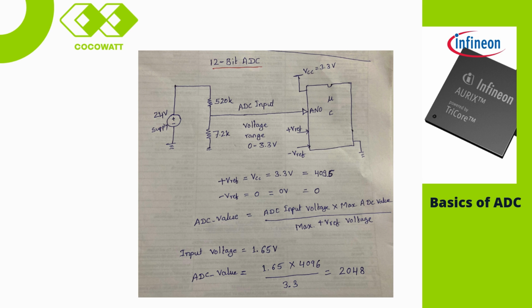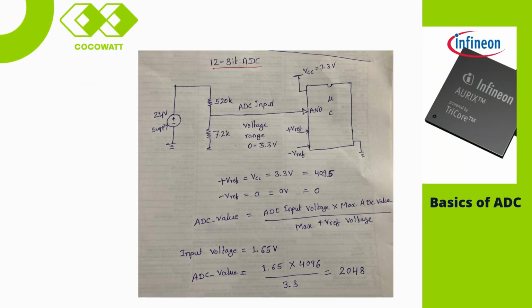Here is an important concept to understand. The ADC works between two reference points, positive VRef and negative VRef. Positive VRef is the maximum voltage the ADC can read, usually equal to the microcontroller supply voltage like 3.3 or 5 volts. Negative VRef is the minimum voltage, which is typically ground.